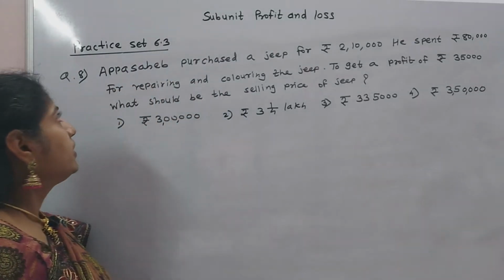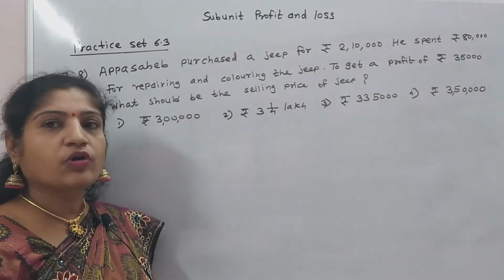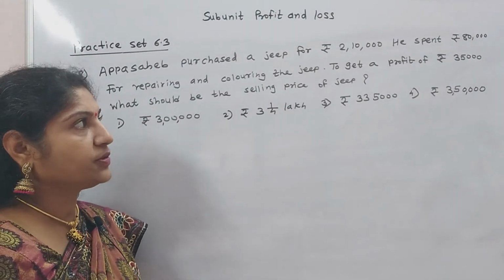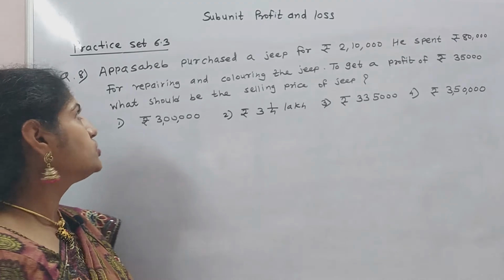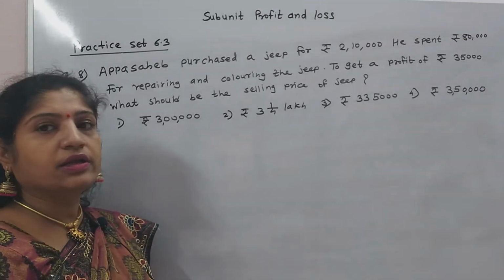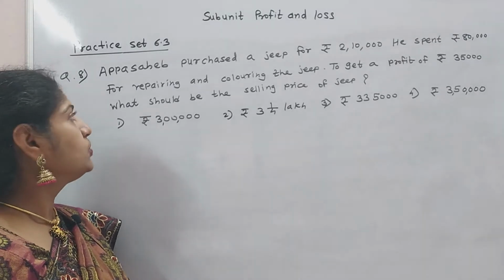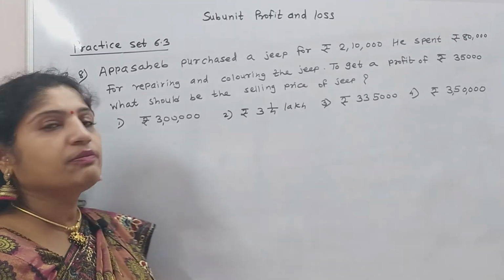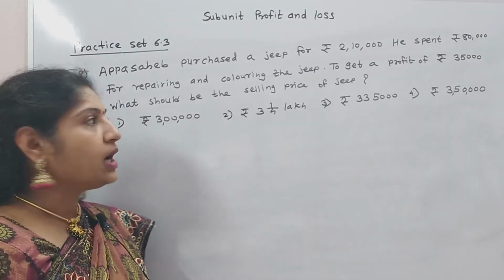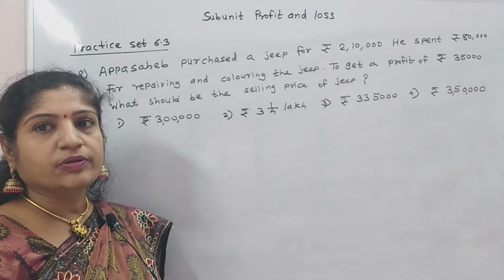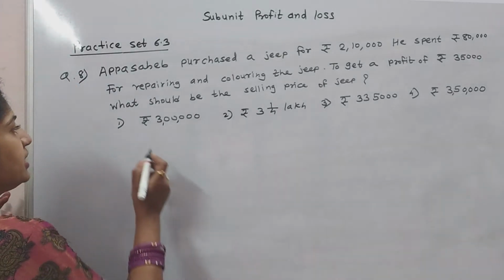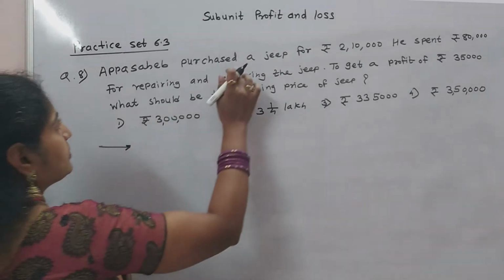Number 8. Appa Sahib purchased a jeep for rupees 2,10,000. He spent 80,000 for repairing and coloring the jeep. He gets a profit of rupees 35,000. What should be the selling price of the jeep? Appa Sahib wanted a profit, so the selling price is greater than the cost price.